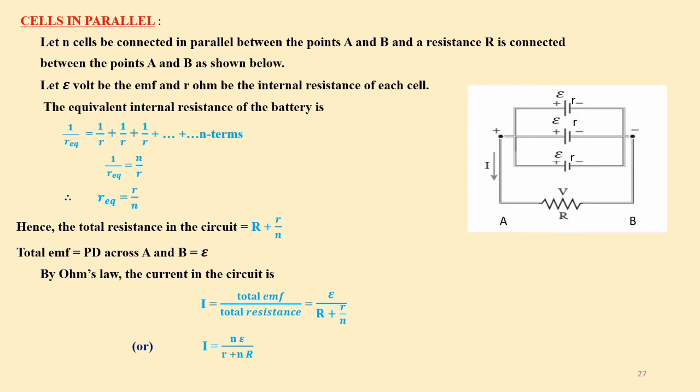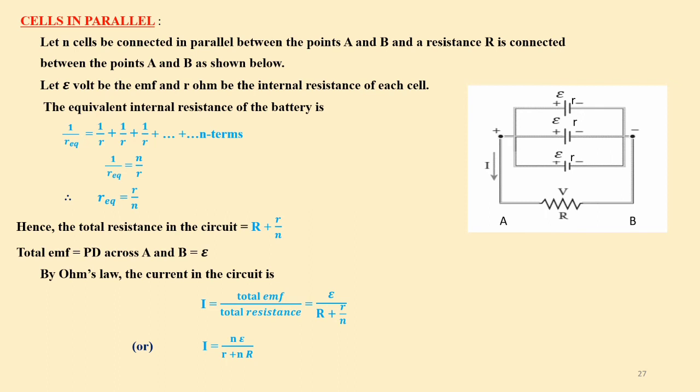Now come to the topic. Let n number of cells be connected in parallel between the points A and B, and a resistance capital R is connected between the points A and B as shown below. Let E volt be the EMF and small r ohm be the internal resistance of each cell.